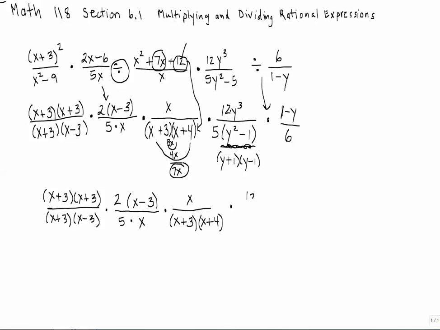Then I have 12y to the third. That's an individual 12 and a little y to the third. And that's over 5 times y plus 1 times y minus 1. And that is times 1 minus y.